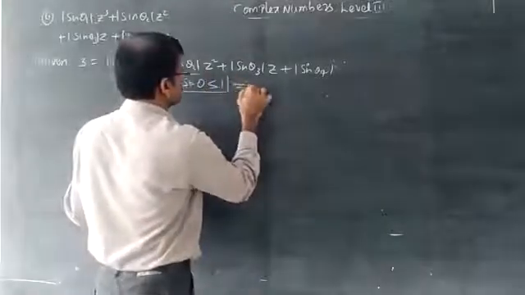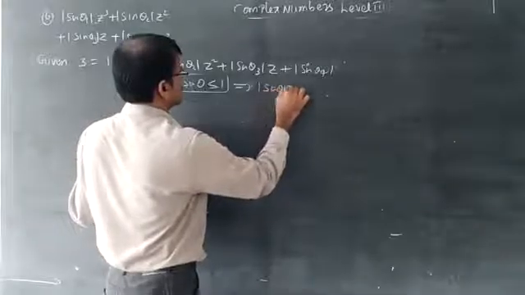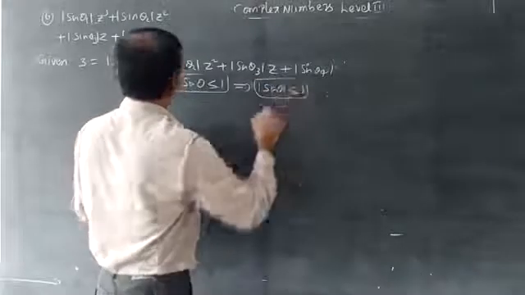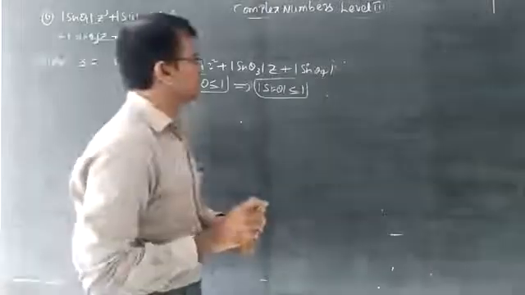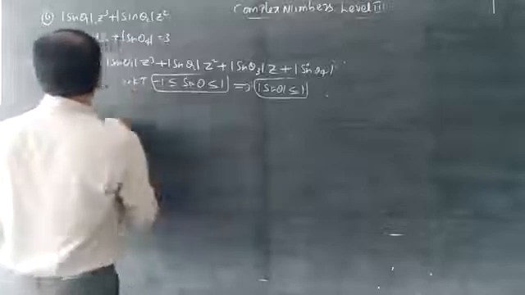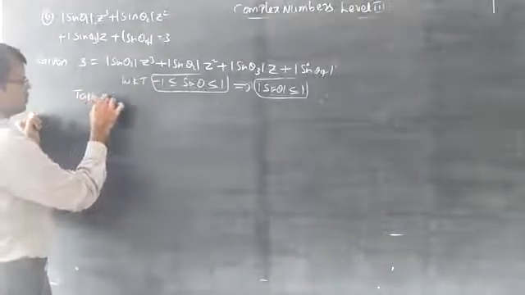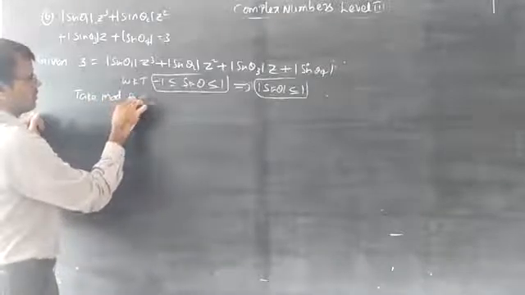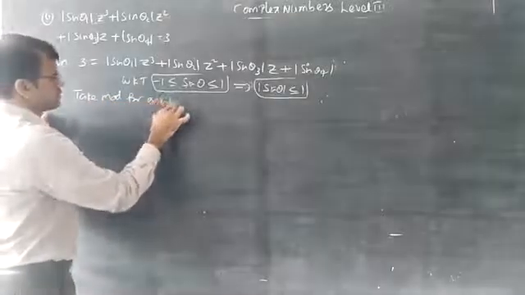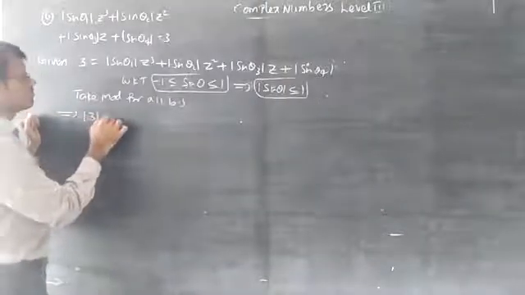So mod sin theta is less than or equal to 1, and the maximum value of mod sin theta becomes 1. For complex numbers, take mod on both sides. That implies mod 3.